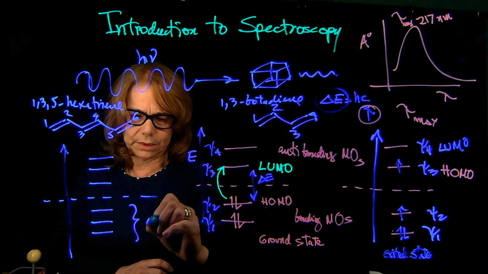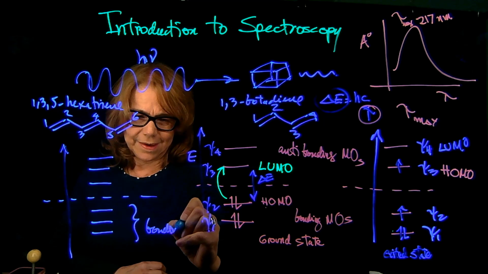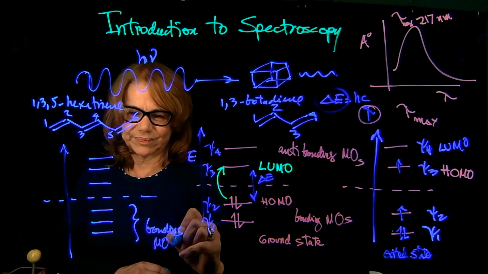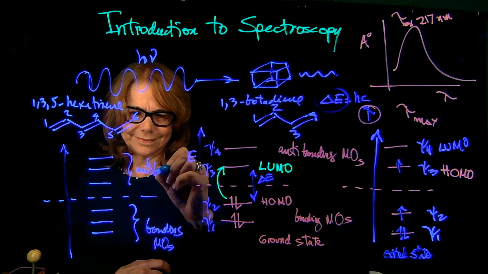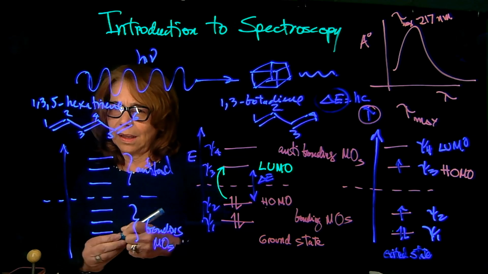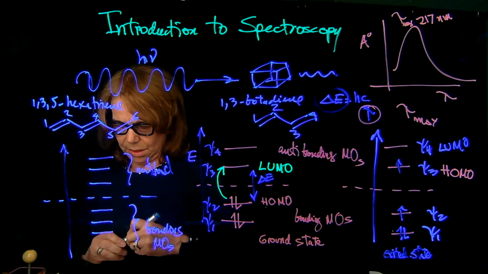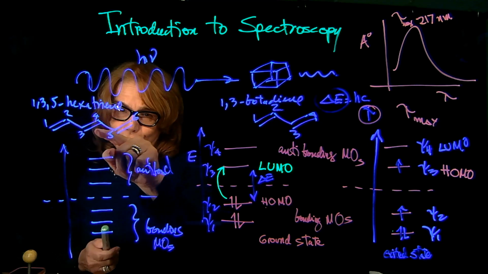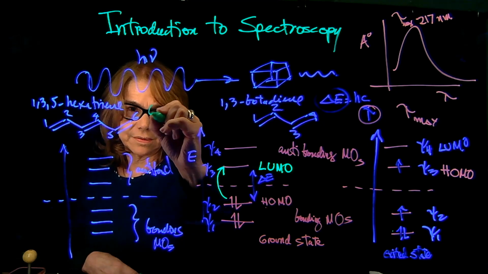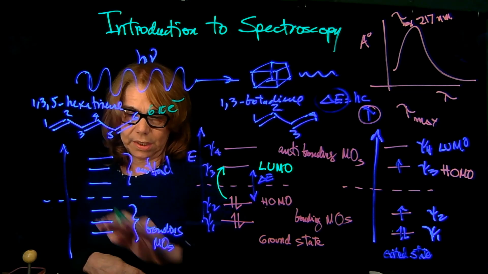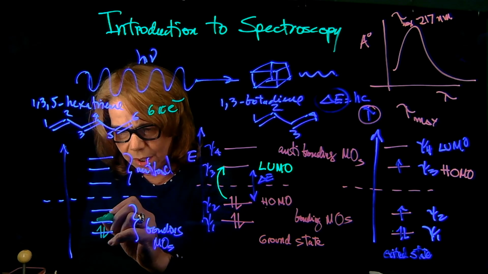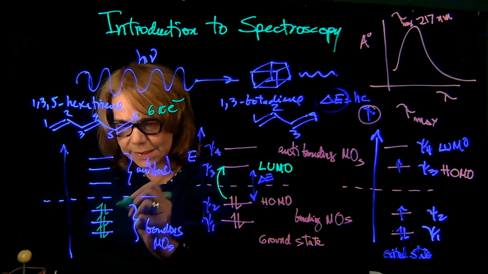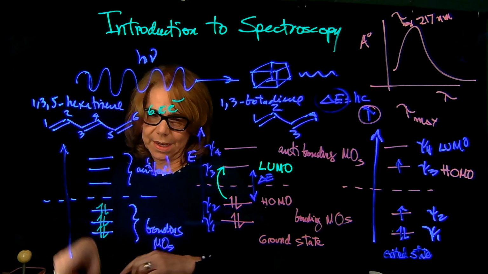These are my bonding MOs, and these are my anti-bonding. And I have here 2, 4, 6 pi electrons. So in my pi system orbitals, I will have 2 and 4 and 6. So here, this is my HOMO.